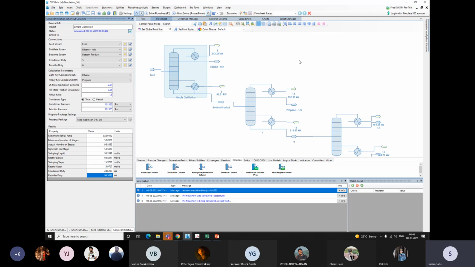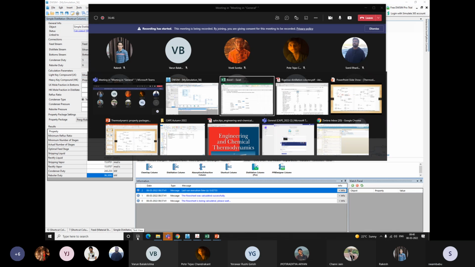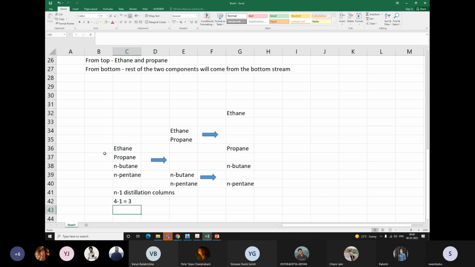One thing we can say, if the boiling point difference is, let's say we have ethane, propane, butane, right? I don't remember the boiling points. Let's say the boiling point is 120 and this is 125, and let's say this is 140 and this is 145. If these are the boiling points, assuming them to be, then obviously it is easy to separate.